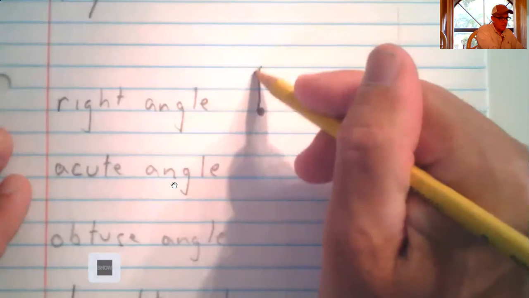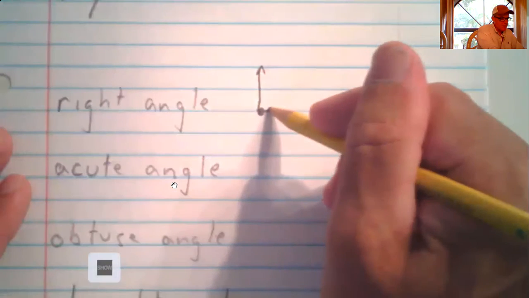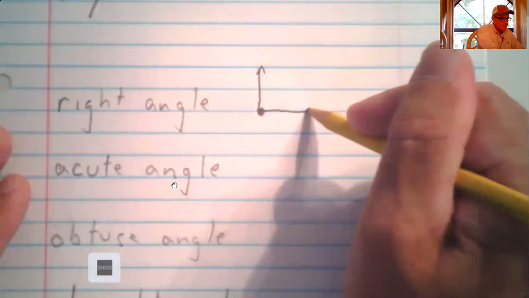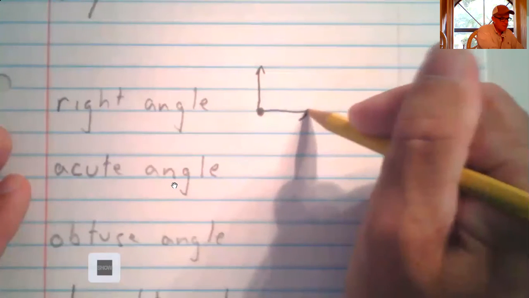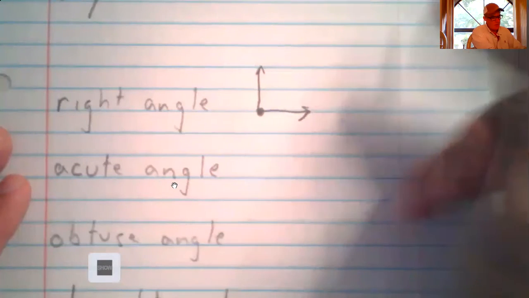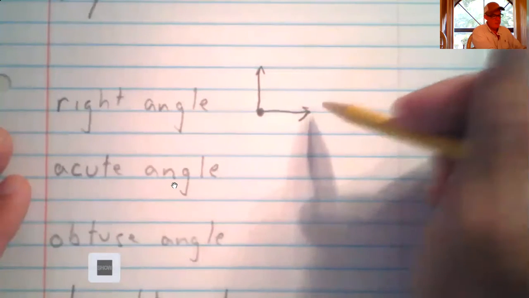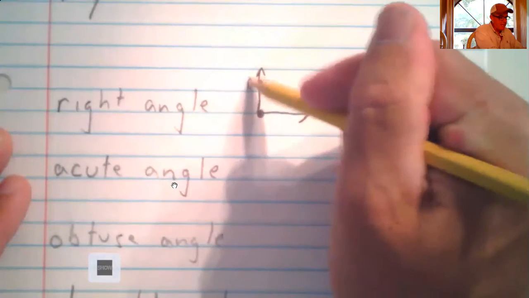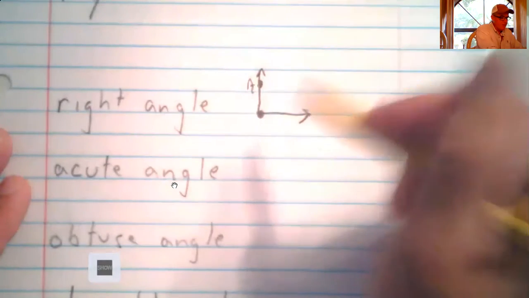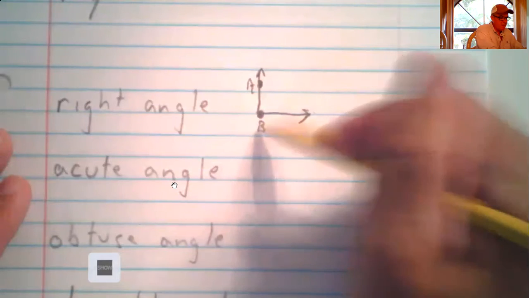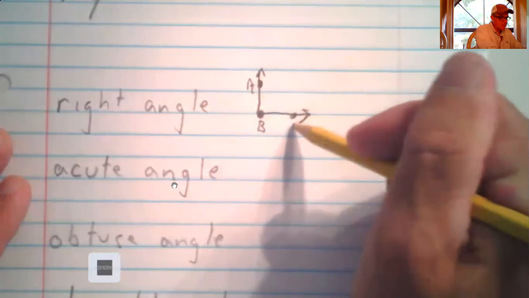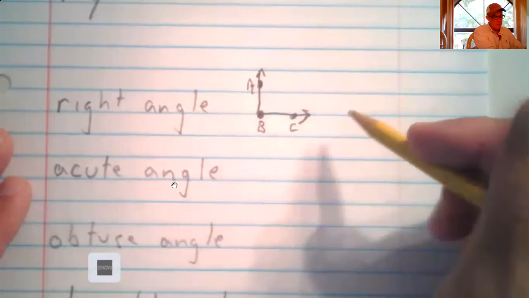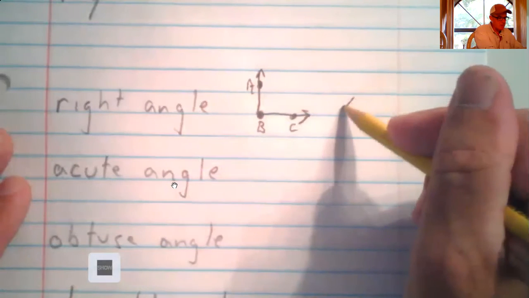This line's going to go on and on forever, and I'm going to come straight right here, and that is going to go on and on forever. I'm going to call this point A, this is going to be point B, and then we'll call this point C.